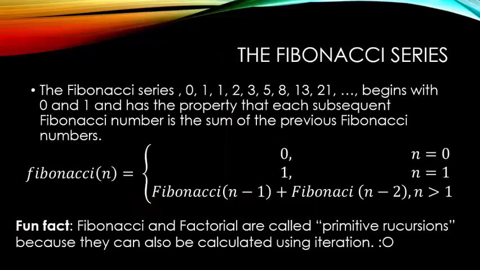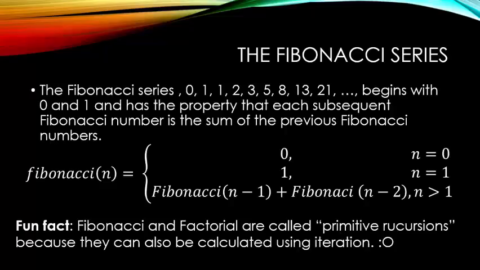Before getting into complexity analysis, let's first look at one more example of recursion, and also the types of recursions that we can use. The Fibonacci series 0, 1, 1, 2, 3, 5, 8, etc. begins with 0 and 1 and has the property that each subsequent Fibonacci number is the sum of the previous Fibonacci numbers.